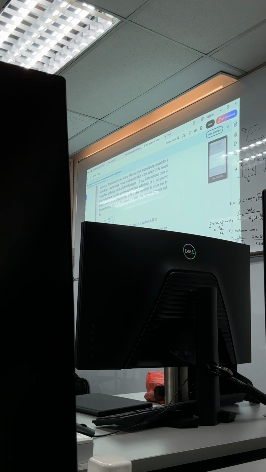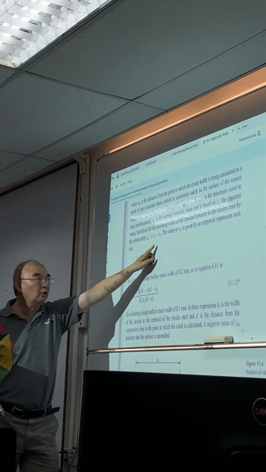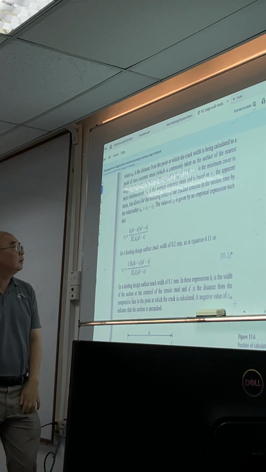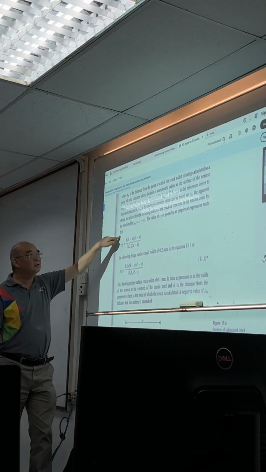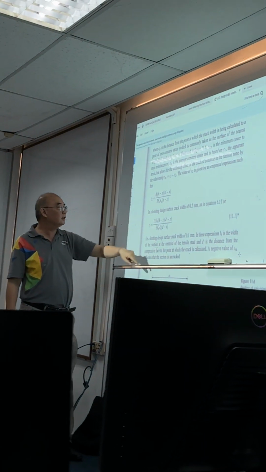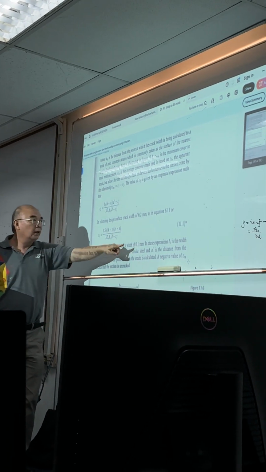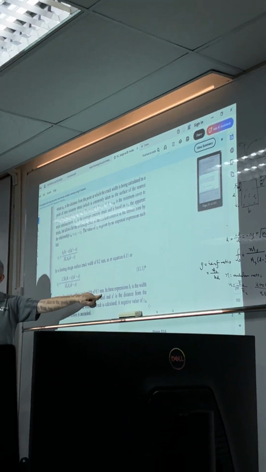So here, epsilon m, the mean strain, is equal to epsilon 1 minus epsilon 2. Epsilon 2 is this one. The value of epsilon 2 is given by an empirical expression such that this is for a limiting design crack width of 0.2 millimeter, and this one is for a limiting design crack width of 0.1 millimeter.